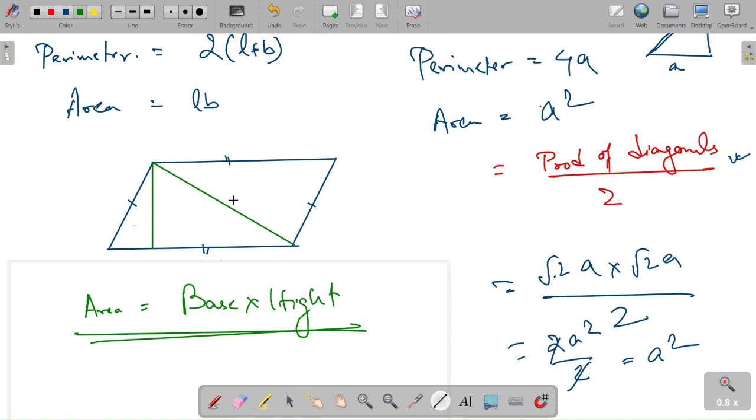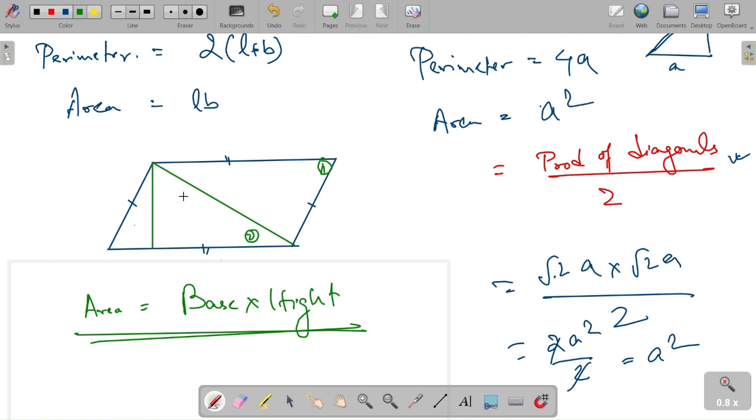We'll see that when we do geometry. Because this triangle and this triangle are in fact congruent. Congruent means if you take one and put it over this, they will exactly match with each other. So that means their area will also match with each other. So I can very clearly say that the area of this triangle will be equal to the area of this triangle.